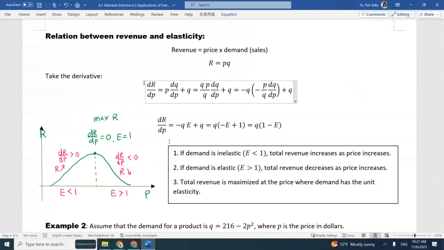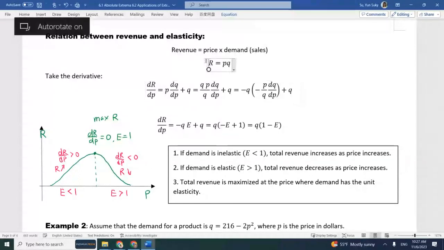Okay, now let's see. This is the derivative of the revenue. We want to find when we can maximize the revenue, right, everybody? So we take the derivative and set it equal to 0. If we set this equal to 0 to find the critical point, we get E equals 1.